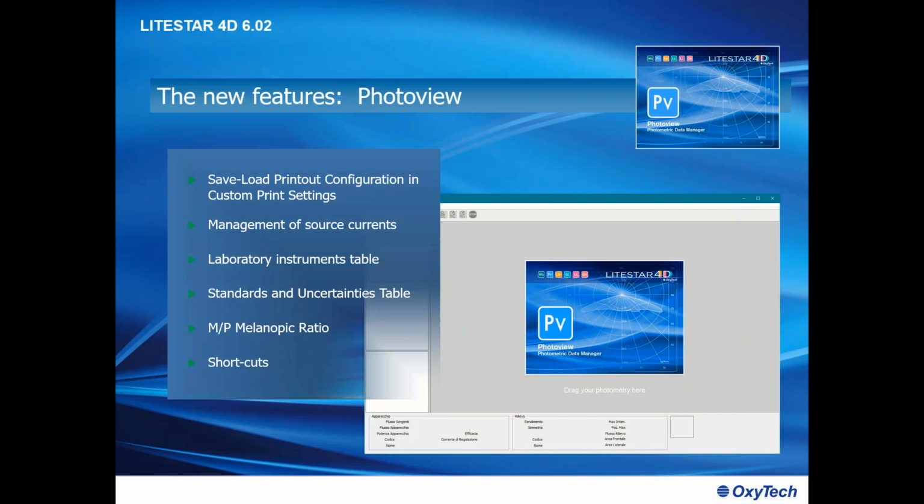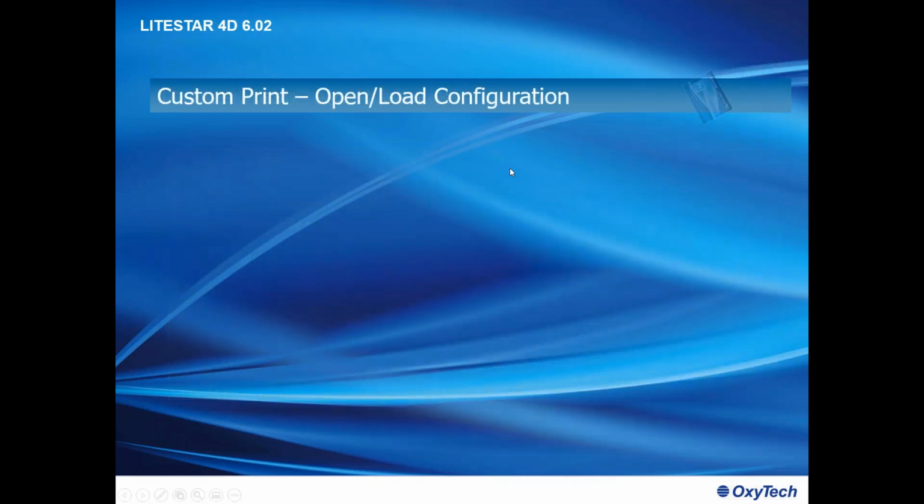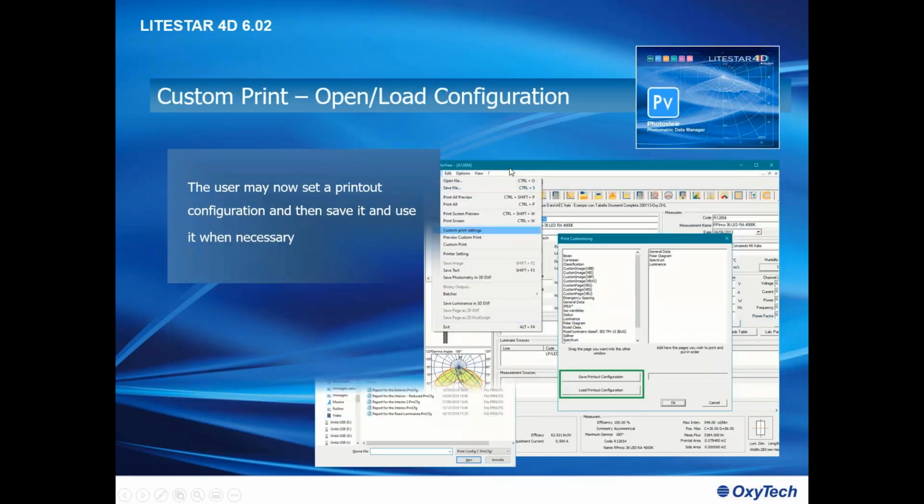So not only new features were implemented, but especially at PhotoView, we added some new features in order to manage the program itself in a much easier way. Let's start with the first new feature of PhotoView.